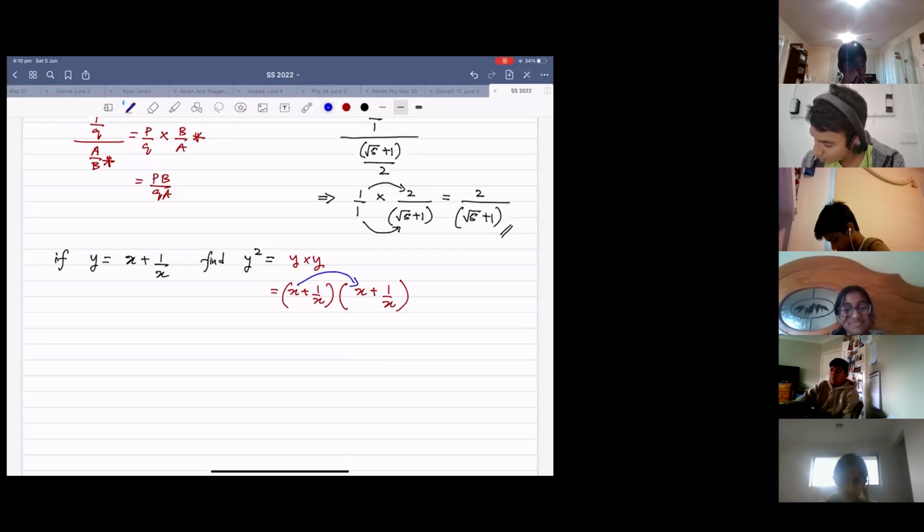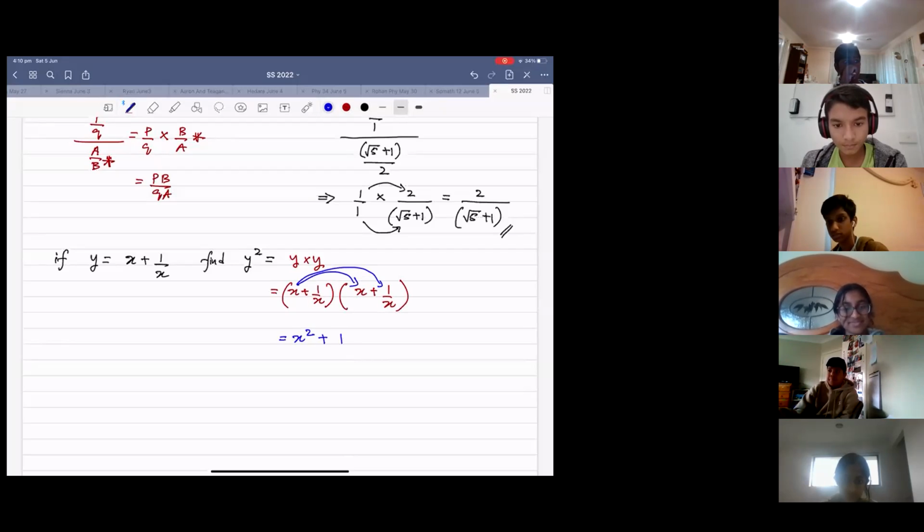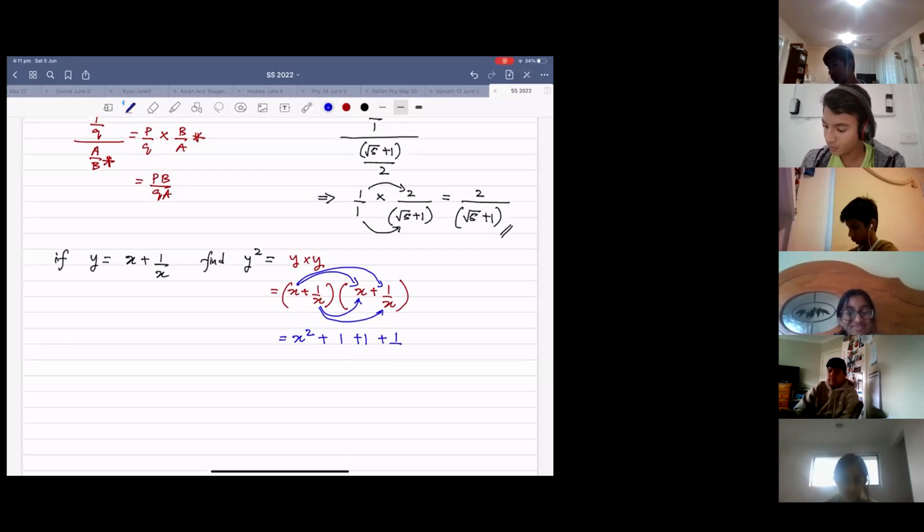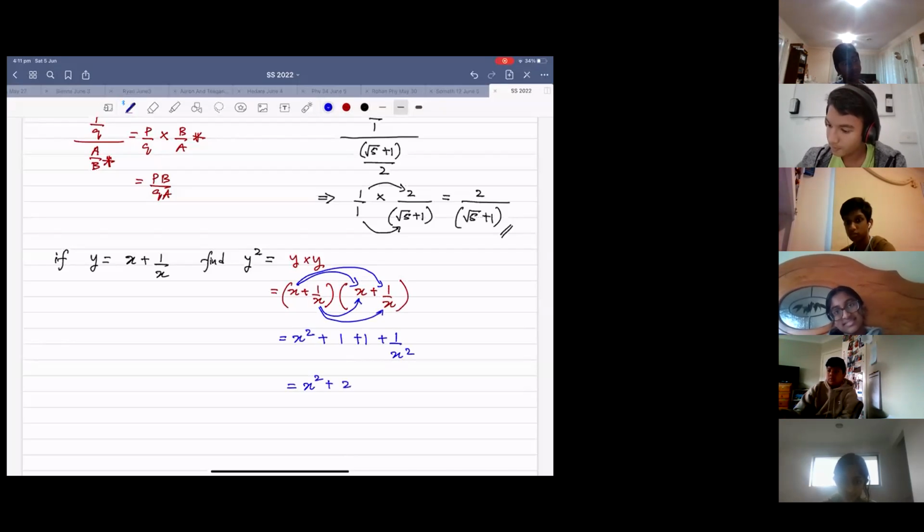So x times x is x squared. X times 1 divided by x is 1. X multiplied by 1 divided by x is 1. X is cancelled, right? Then 1 divided by x times 1 divided by x is 1 divided by x squared. So answer would be x squared plus 2 plus 1 divided by x squared.